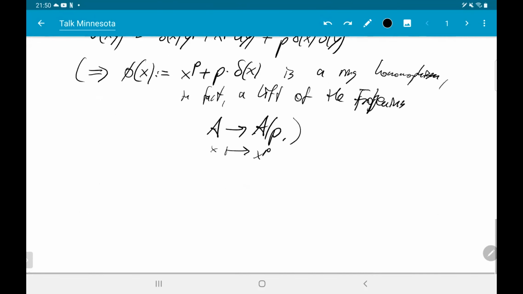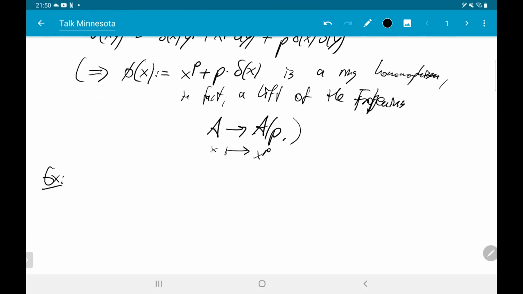And here are some important examples for us. One is Z_p with Frobenius lift given by the identity. If you spell out what that means for delta, then delta of x needs to be x minus x to the p, divided by p.